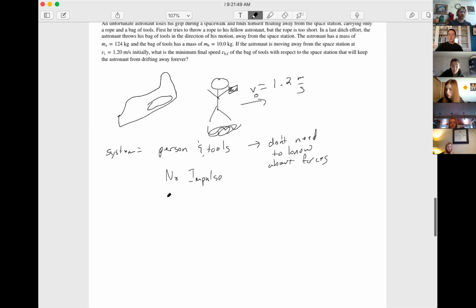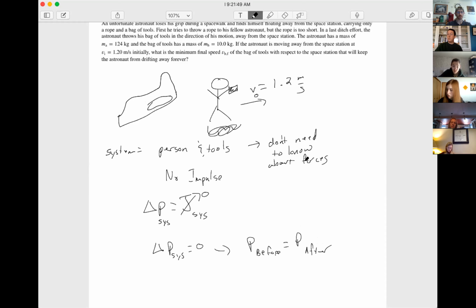All right. So the next thing we want to do is write down our impulse momentum theorem. Delta P equals J for the total system. But the impulse is 0. So that's just going to mean that the change in momentum is 0, which means the momentum before equals the momentum after.